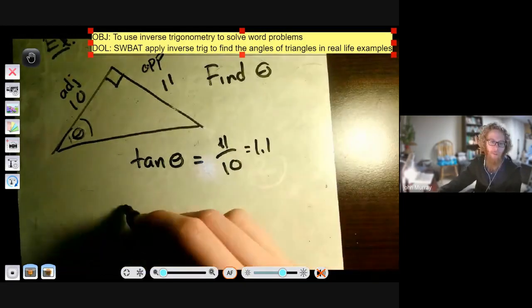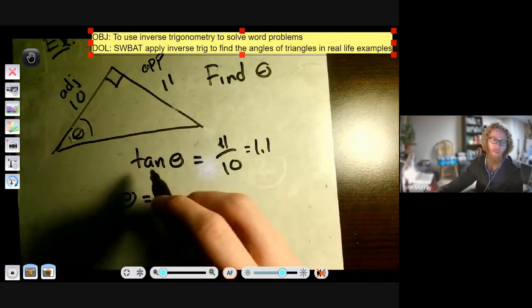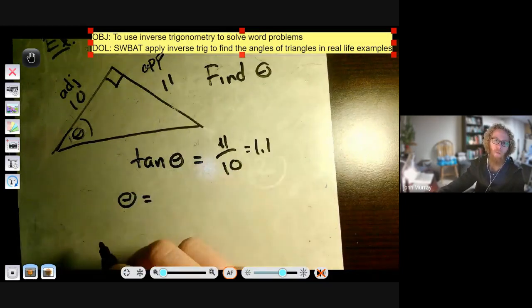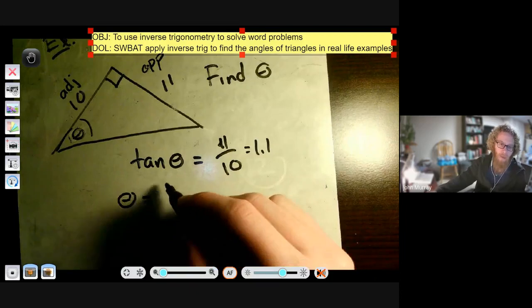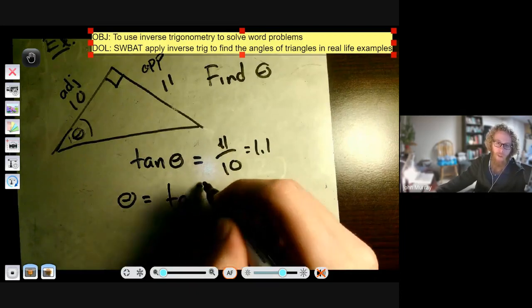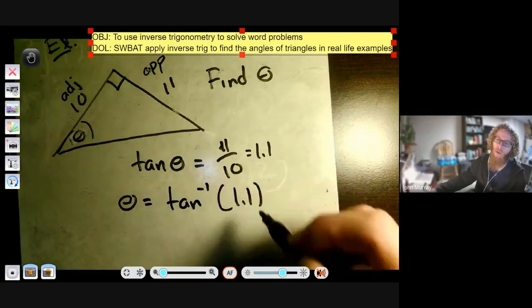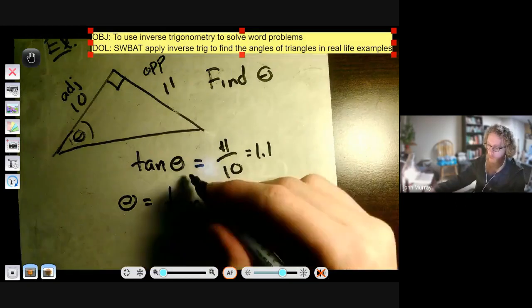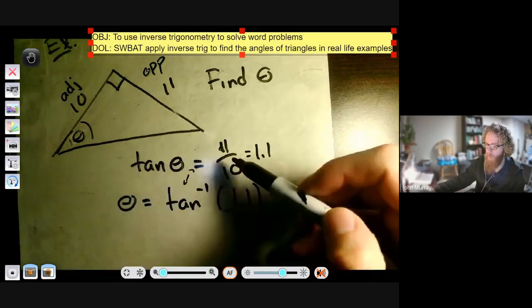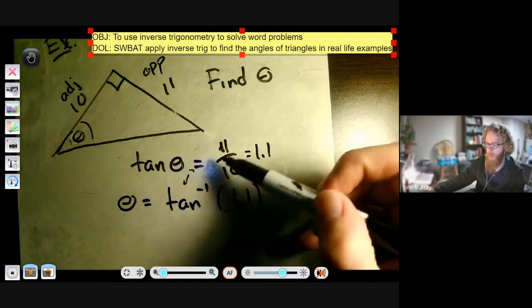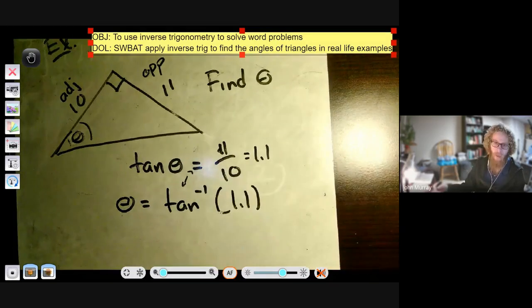So we want the inverse. If the tangent of my angle is 1.1, then my angle is equal to the inverse tangent of 1.1. That's our swap: we move the tangent over to the other side and add the -1, the inverse.